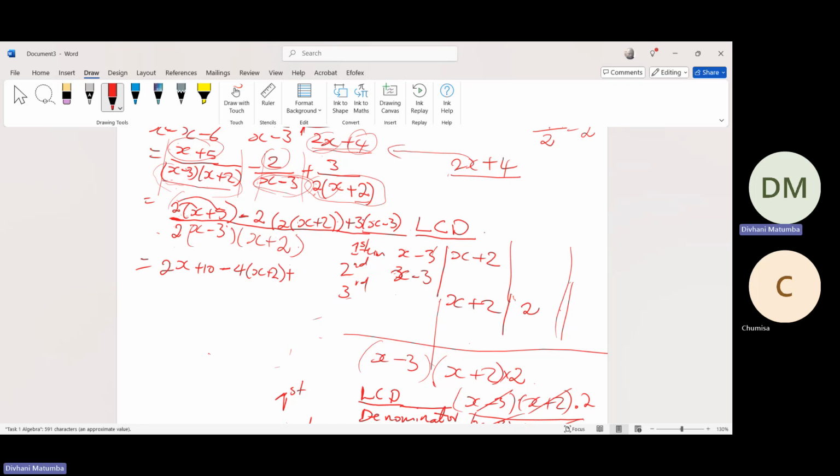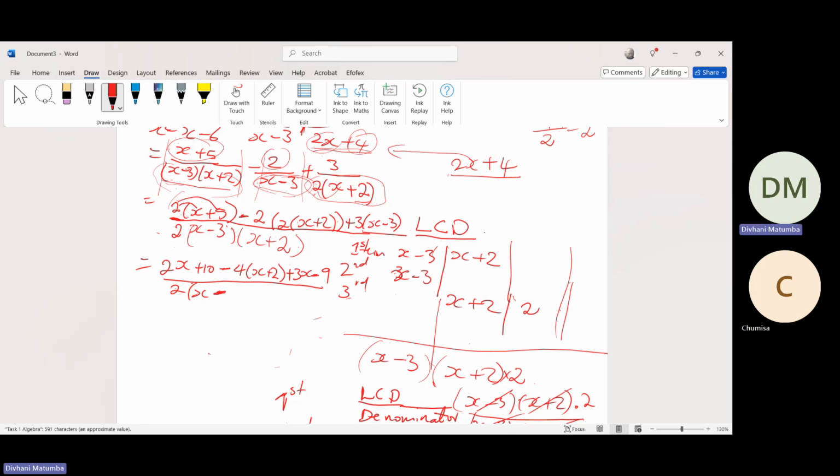And then the third term will be what? 3x minus 9. Okay, that's perfect. All divided by 2x minus 6. But this one, let's just leave them for now. But you can solve them.